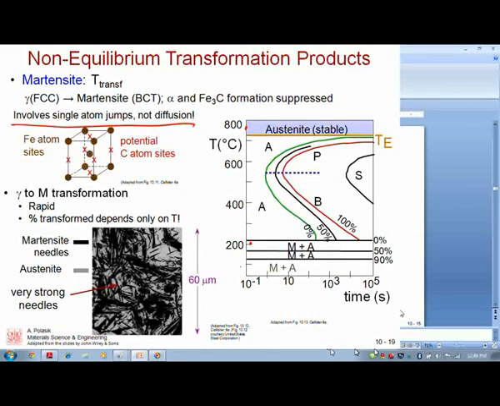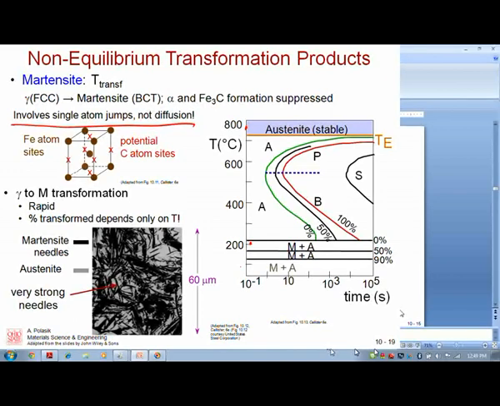The rest is austenite. It's called retained austenite. If you cool it quickly enough, you're not allowing diffusion to happen, you're not allowing the equilibrium phases to form. So this is a very classic use of bypassing equilibrium to get a certain kind of microstructure, a certain set of properties.